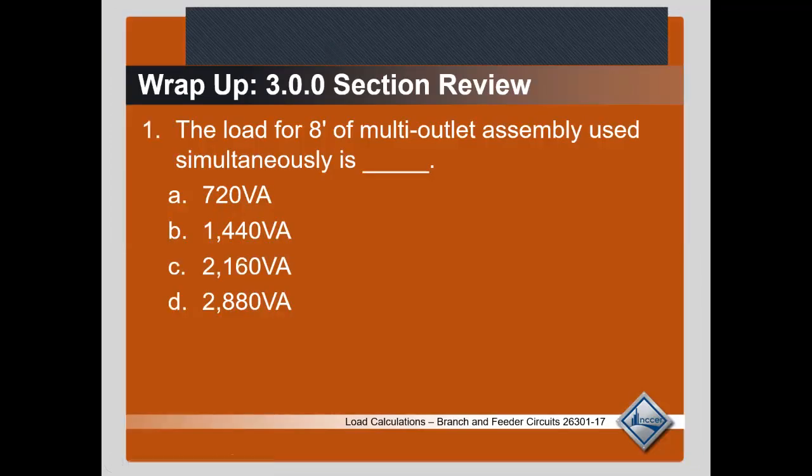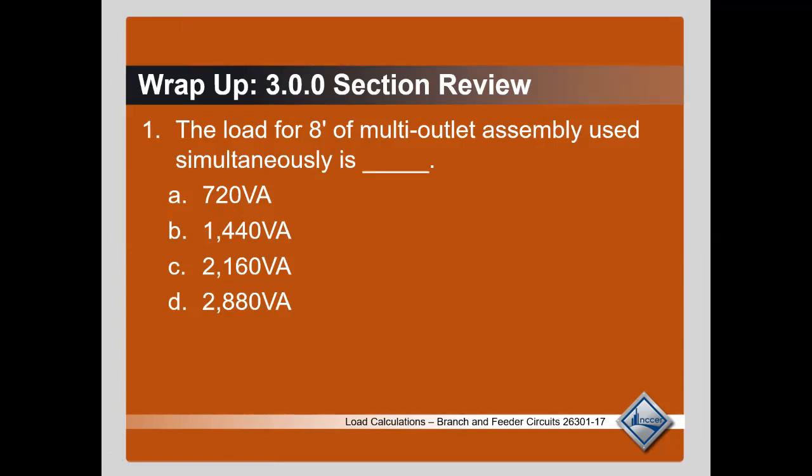So the load for 8 foot of multi-outlet assembly used simultaneously is what? 8 foot of multi-outlet based off of 180 times 125% comes to what? 180 times 125%, 1.25 times 8.